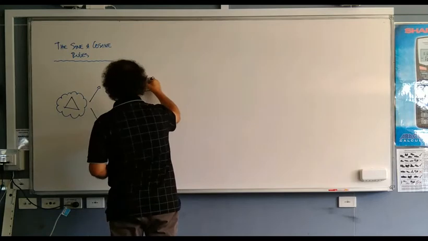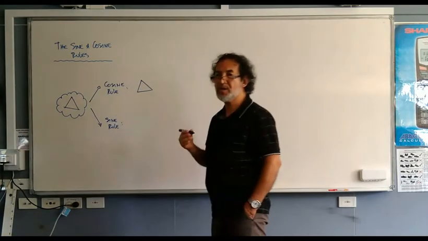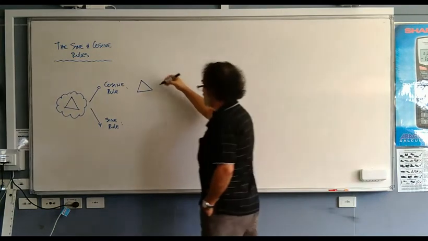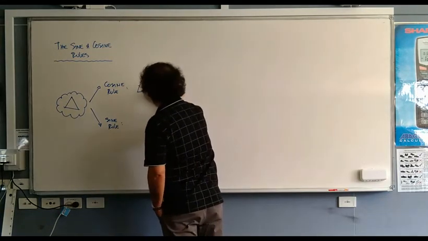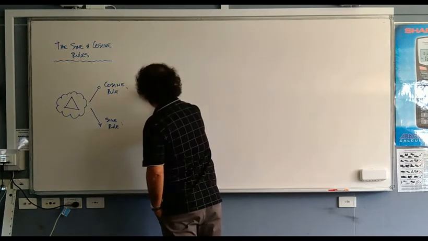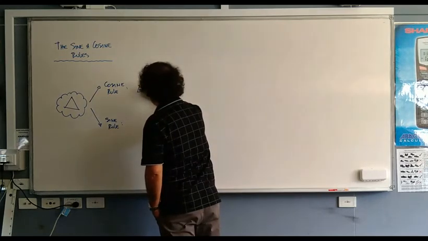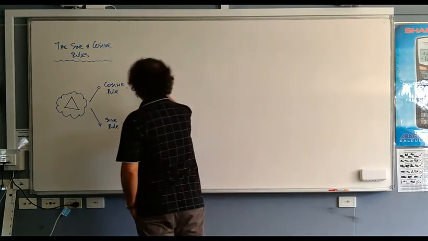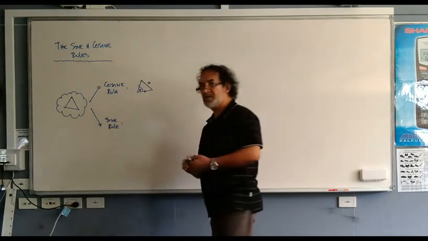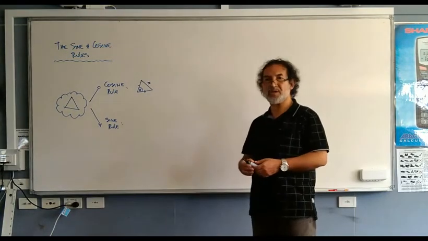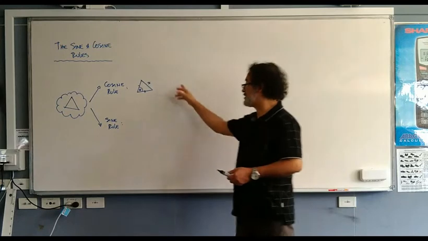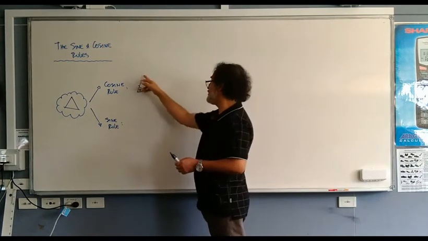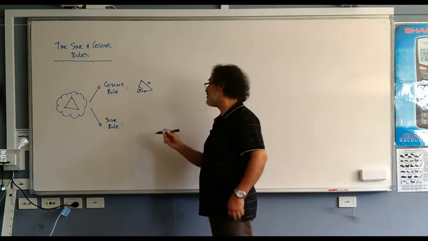If you have a situation in which you don't have a right angle triangle, however, you have one side, another side, and the angle between these two, and the third side is the missing one, then you're going to be using the cosine rule.